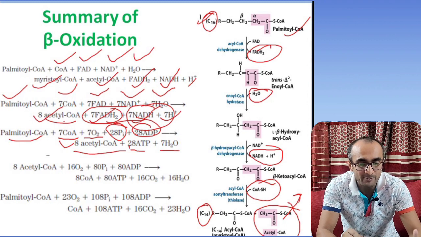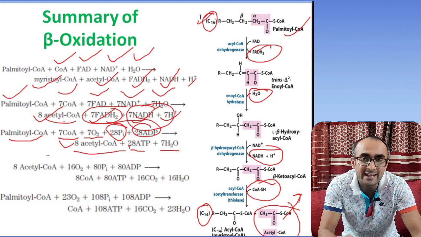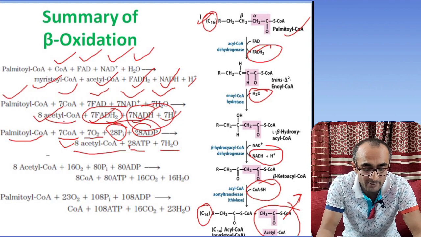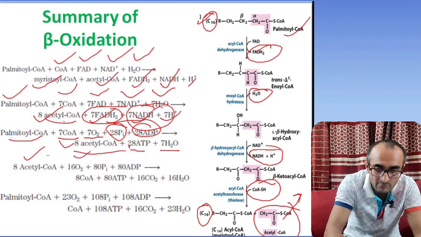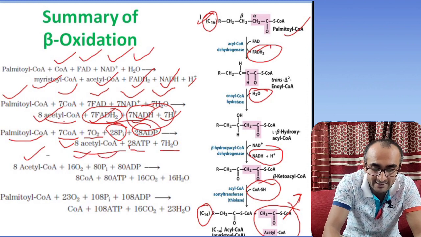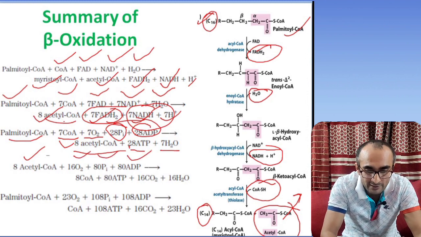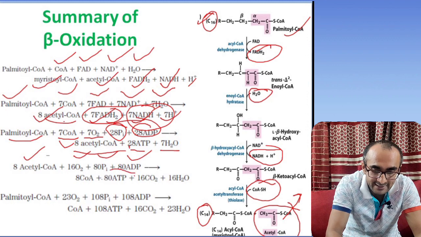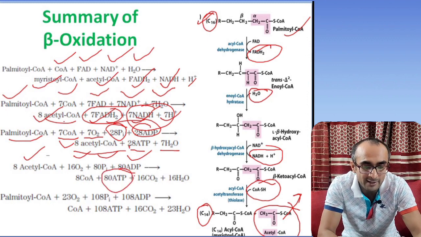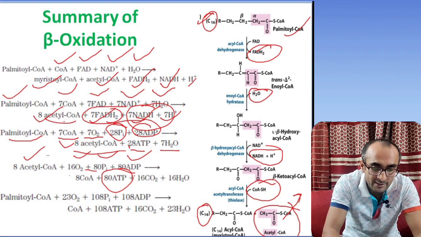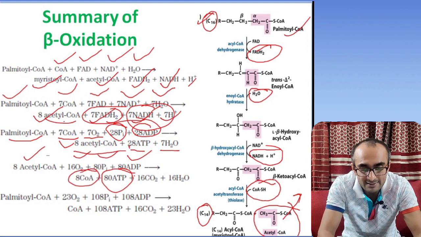So one acetyl coenzyme A will give rise to 10 ATP eventually, and because there are 8 acetyl coenzyme A, 8 acetyl coenzyme A will use 16 oxygen molecules, 80 phosphate, 80 ADP. So 10 into 8, 80 ATP molecules will be synthesized from 8 acetyl coenzyme A. 8 coenzyme A will be released, 16 carbon dioxide, 16 water molecules.